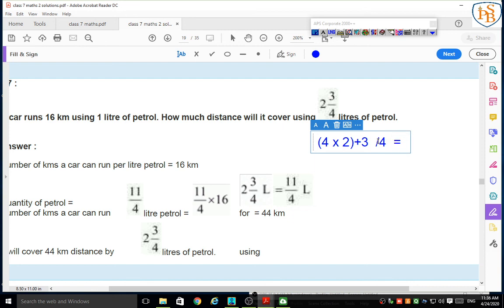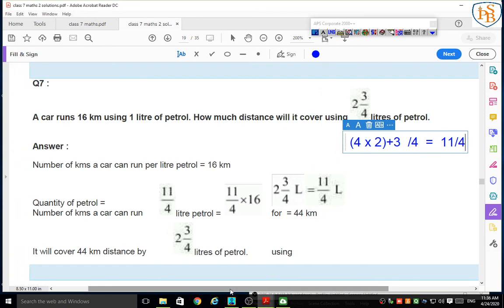So 4 2s are 8 and plus 3 is 11 upon 4. So the quantity of petrol is 11 upon 4. The number of kilometers a car runs on 11 upon 4 liters of petrol is 11 upon 4 into 16 kilometer.